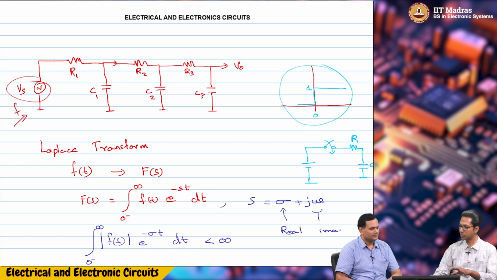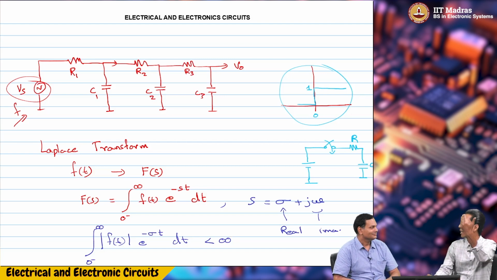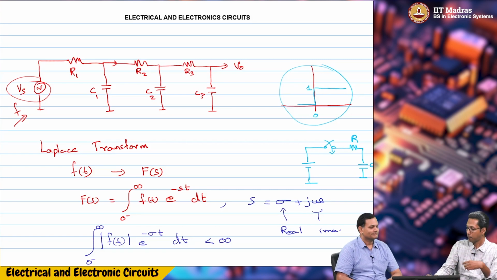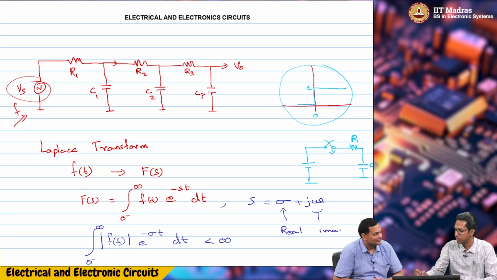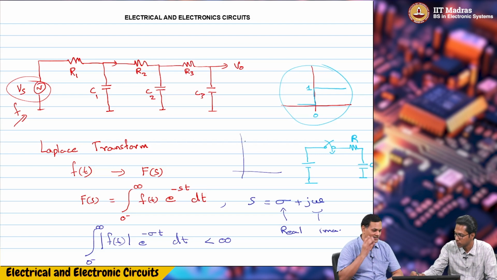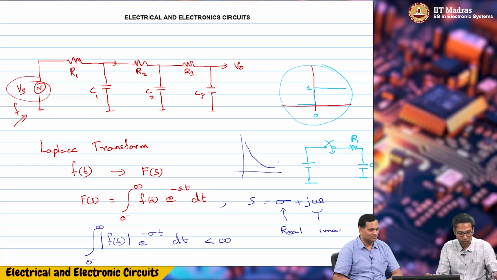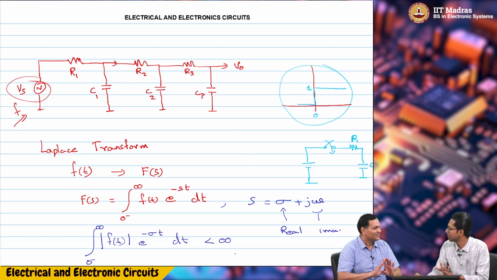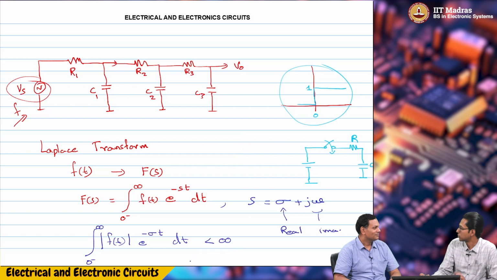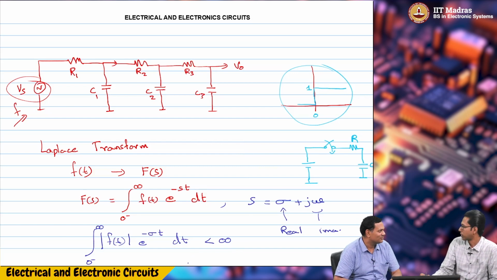And it seems for most of your applications this is valid, because you are multiplying with e power minus sigma t, so over time e power minus t is going to reduce with respect to time. So definitely this condition is mostly satisfied for most practical situations.